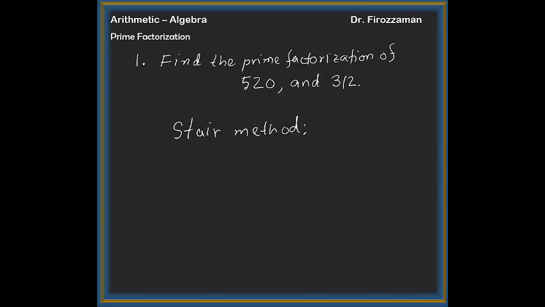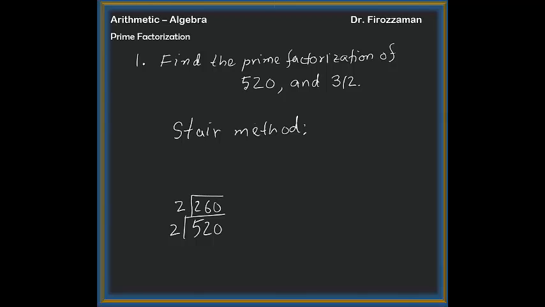To collect our prime factors from 520 and 312, let us use the known stair method. So I'm writing here 520, and this is an even number, so you can divide by 2. So you get 260.